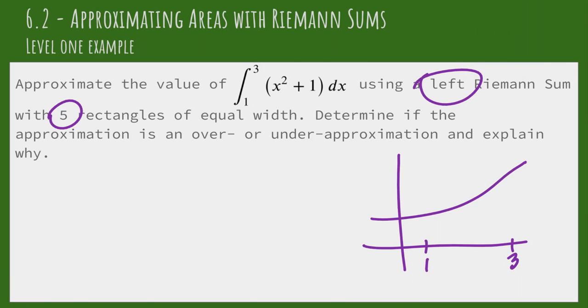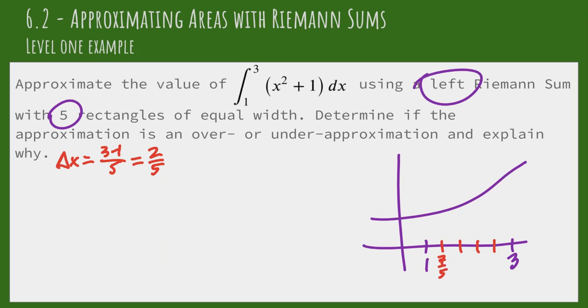I'm going to start here by finding the width of each interval. So delta x is going to be, the width of the entire interval is still 3 minus 1, but this time we're dividing it into 5 subintervals, so it's going to be 3 minus 1 over 5. So each subinterval is going to have a width of 2/5. Figuring out what those x coordinates are going to be along the x-axis, splitting into 5 subintervals, we're going to have 1 plus 2/5, which is 7/5.